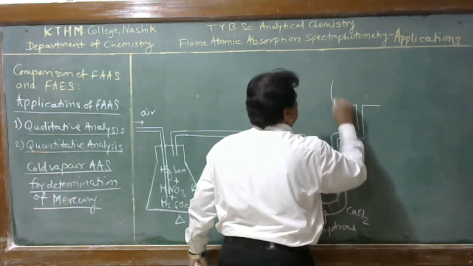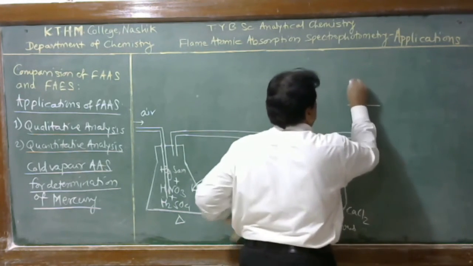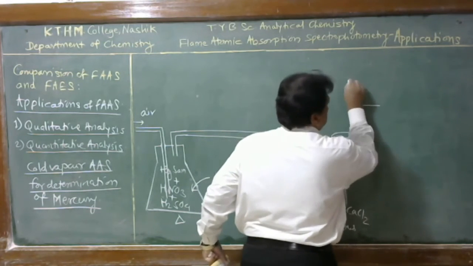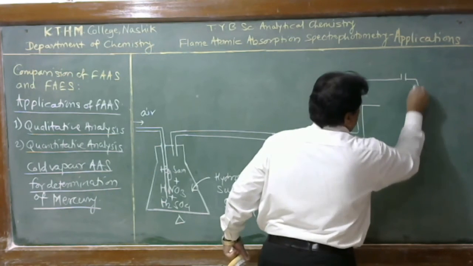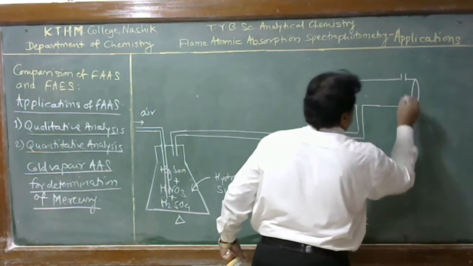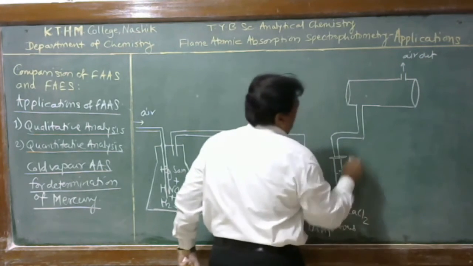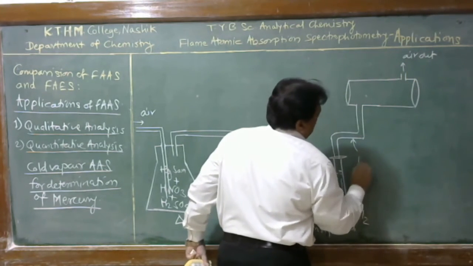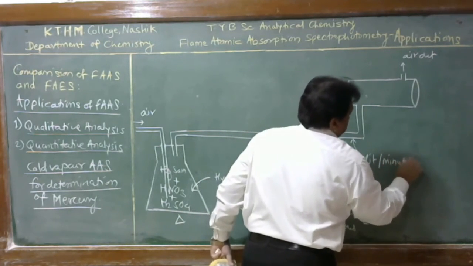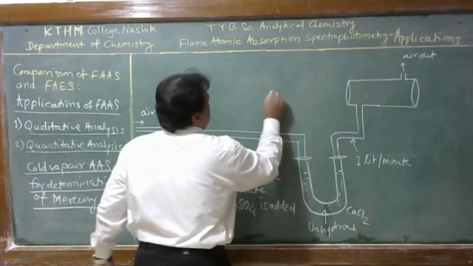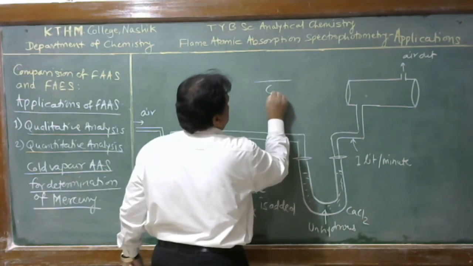containing quartz window. Here air out. The flow of air is 1 liter per minute. Here a hollow cathode lamp is placed in front of this.